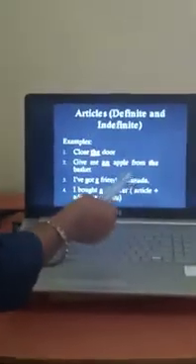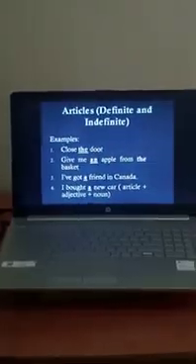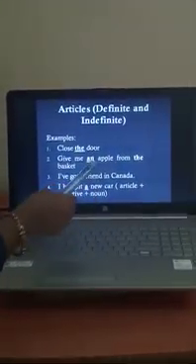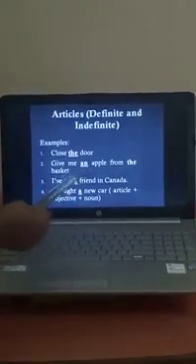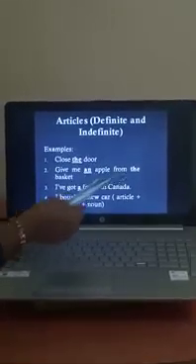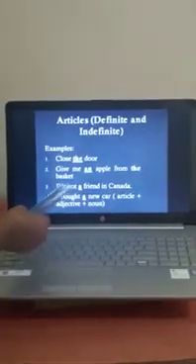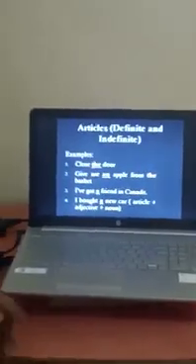Okay? Give me an apple from the basket. Here, an apple. So what are the determiners? An is also determiner and the basket. Basket is a noun, common noun. Okay children, clear? Next, I have got a friend in Canada.